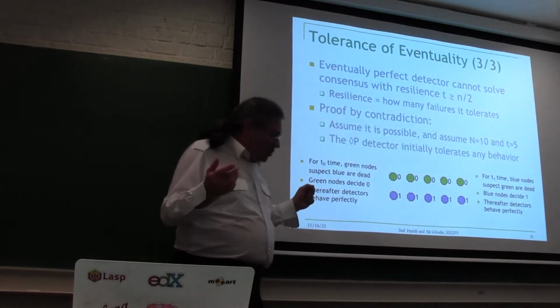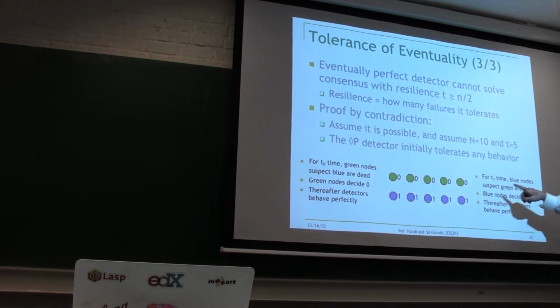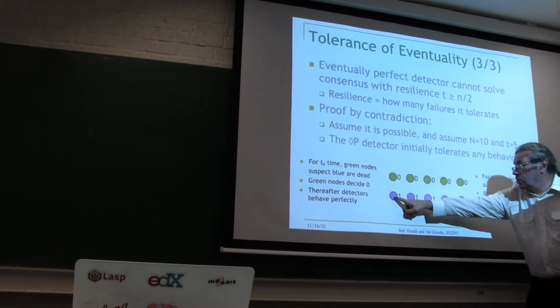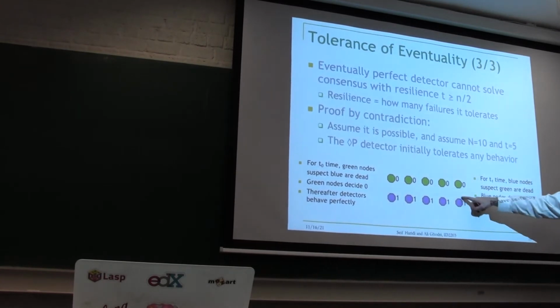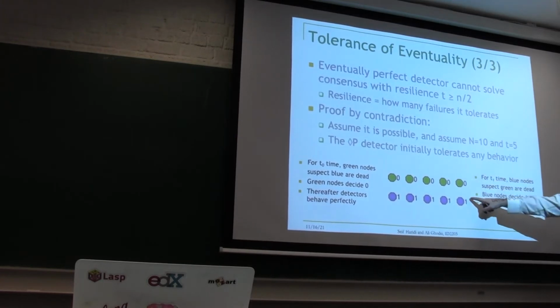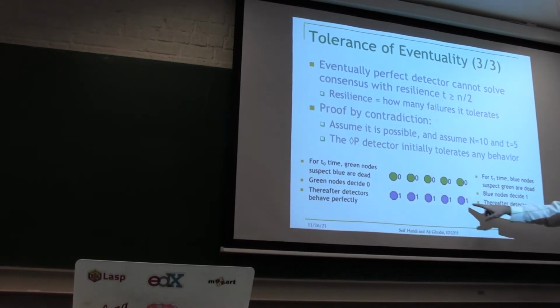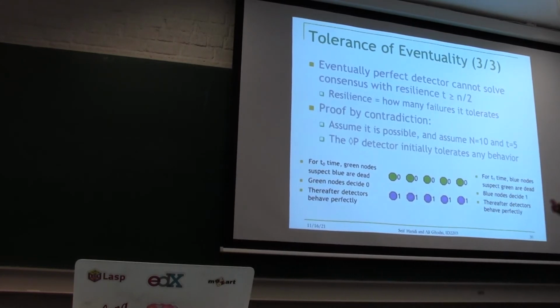And you can see where we're going now, because we're going to do a similar assumption for the blue nodes. We're going to assume that the blue nodes incorrectly think the green nodes have crashed for enough time, t1, that it allows the algorithm to decide here. So from the viewpoint of the blue nodes, it's exactly like before. They don't see any difference. So they will decide 1.